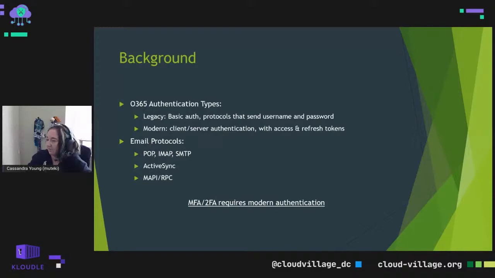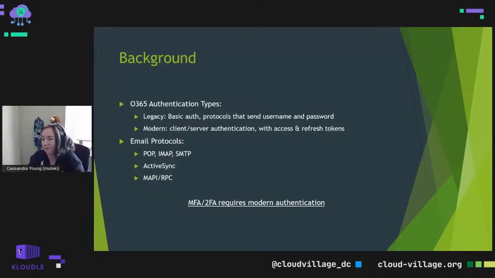Modern authentication refers to a slightly different methodology with client-server authentication, uses access and refresh tokens, and importantly, modern authentication is a requirement in order for two-factor verification or any other MFA service to actually work. So that's a very important point.